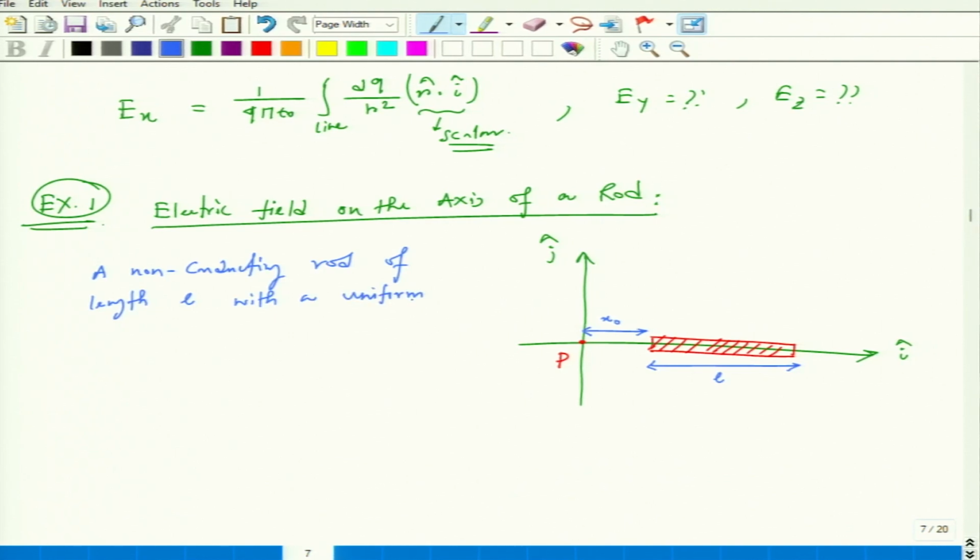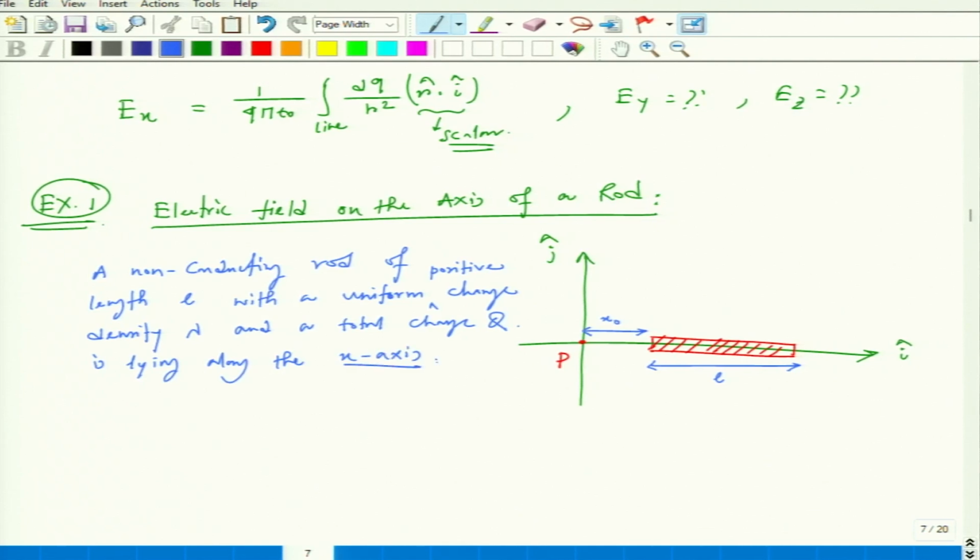For simplicity we first assume a uniform positive charge density lambda, and a total charge capital Q, lying along the x axis.